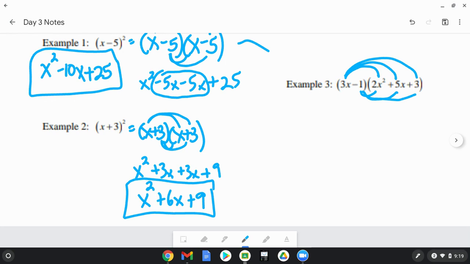So now if we did this correctly, 3x times 2x squared would give me 6x cubed. And then x times x squared is x to the third. 3x times 5x is 15x to the second power because x times x is x squared. Then 3x times 3 is 9x. The second term by all 3 would give me negative 2x squared, and then negative 5x, and minus 3.